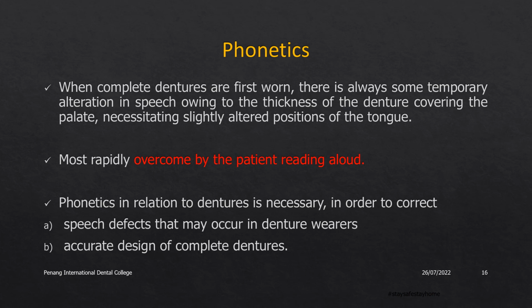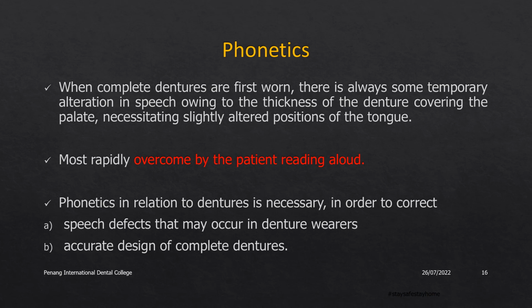If the anterior teeth in the denture are set too far labially or too far lingually, this may result in difficulty in pronouncing labiodental sounds such as F, V. And if the vertical dimension is excessive, then it may result in difficulty in pronouncing bilabial sounds such as B, P, like Papa, Bombay, etc.